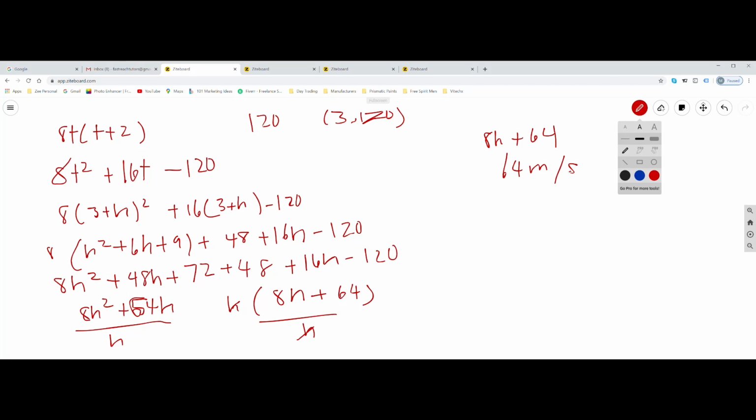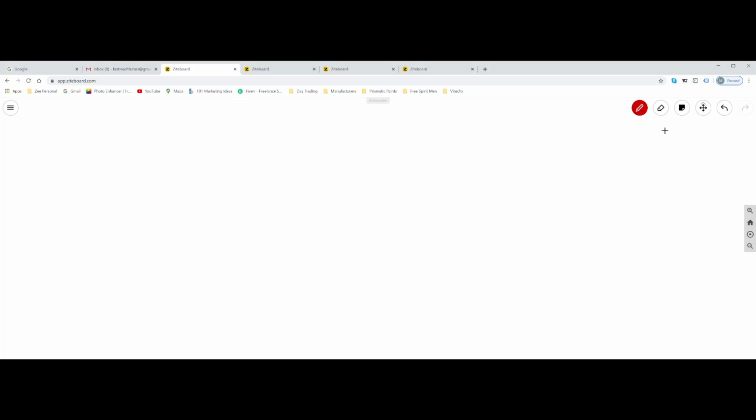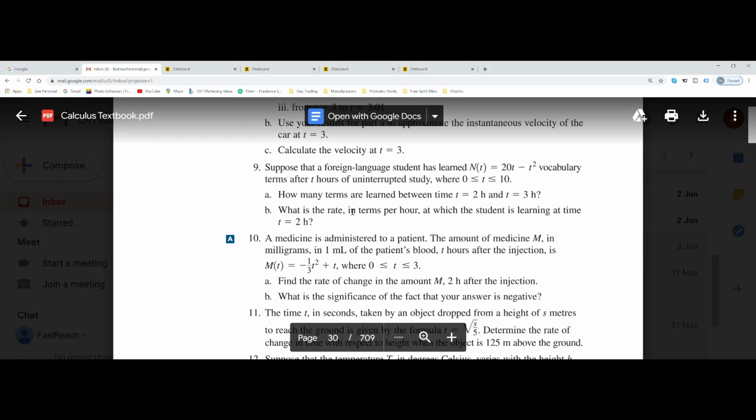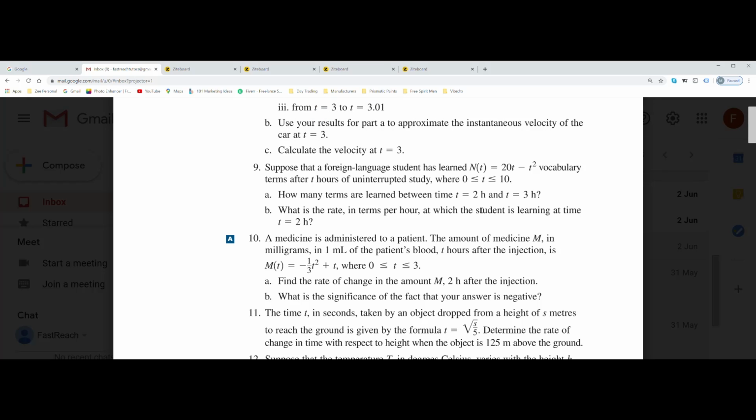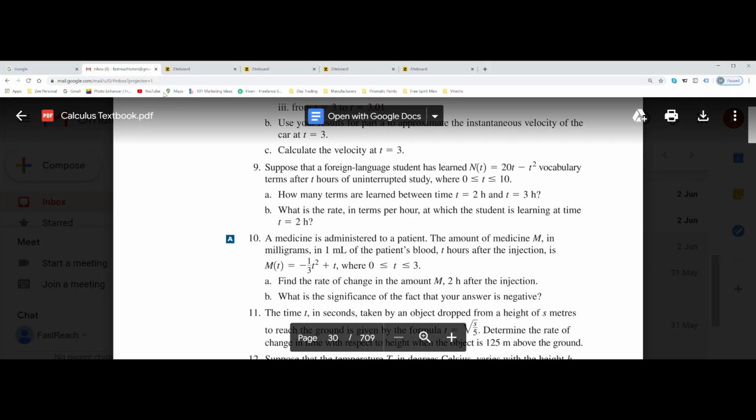Let's do this. So you have the equation n(t) equals 20t minus t squared. The first question is, how many terms are learned between 2 hours and 3 hours?